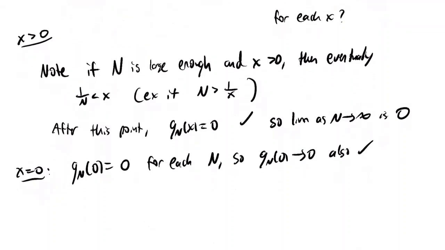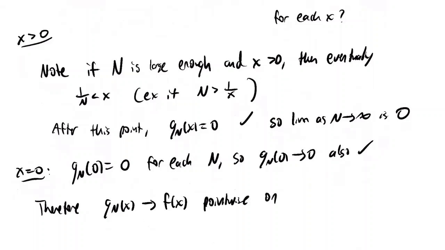Therefore, gn of x converges to f of x pointwise on 0 to 1. Notice, however, that when we did this limit calculation, we required something that depended on x.